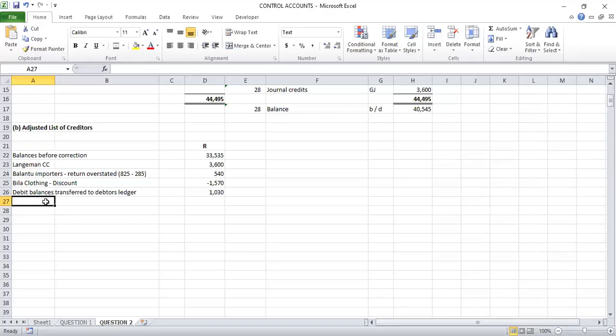Right. So we can say Cefaco wholesalers payments and the cost, 6,500 minus 5,600.